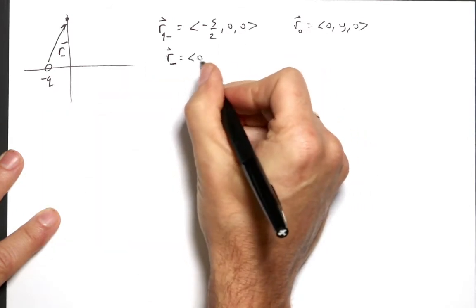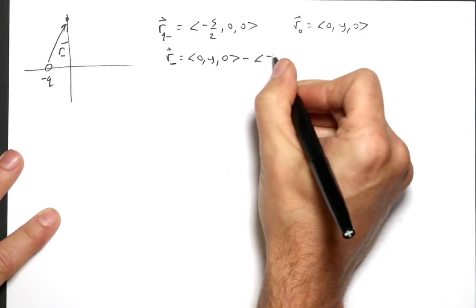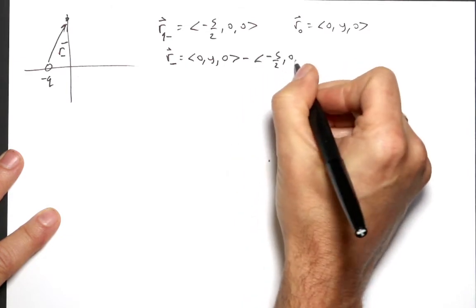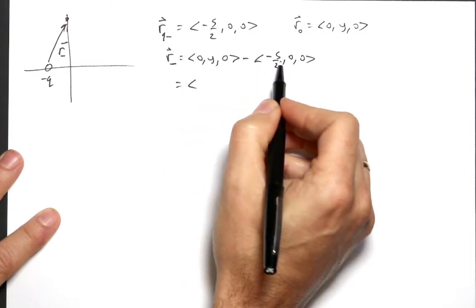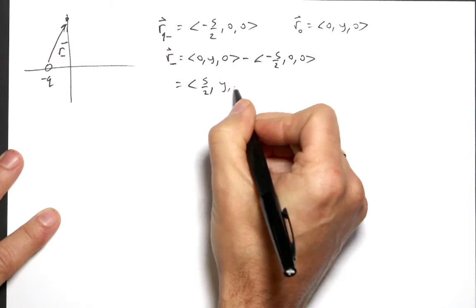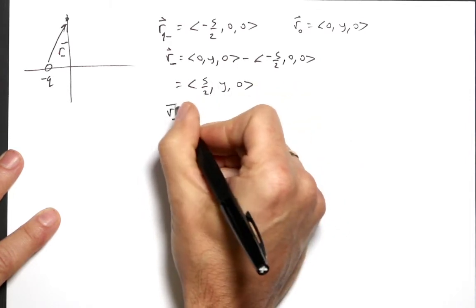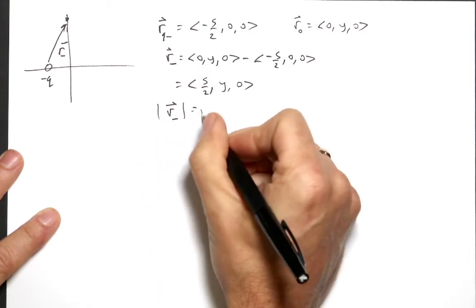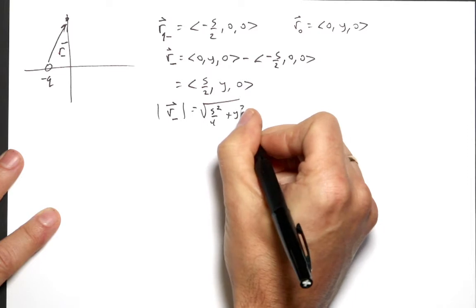So I get 0, y, 0, minus negative s over 2, 0, 0. This is going to be equal to 0 minus negative s over 2, which is s over 2, y, 0. And then the magnitude of that is going to be the same thing. R minus magnitude is going to be the square root of s squared over 4 plus y squared.